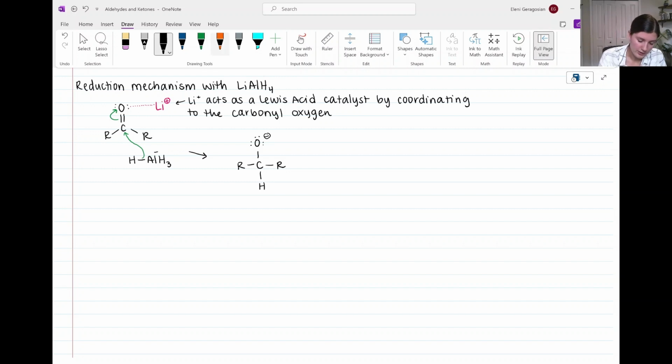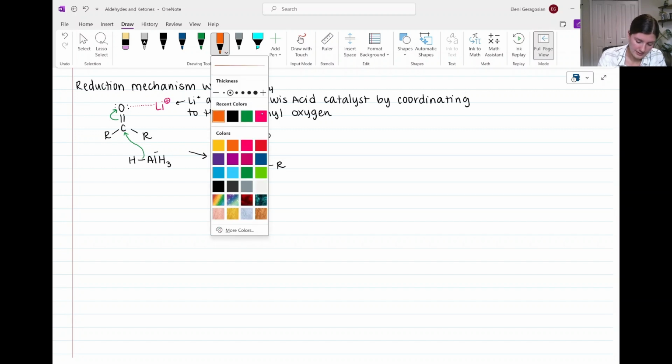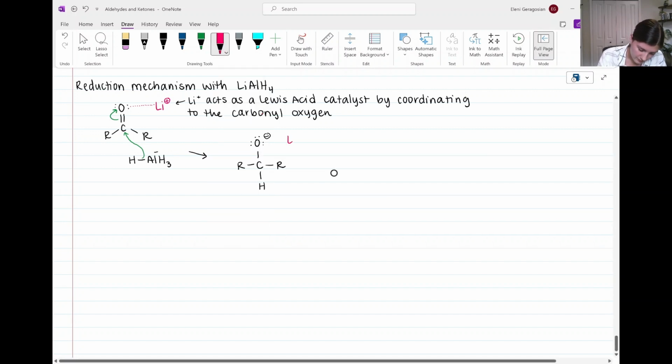Negatively charged oxygen is balanced by that lithium. Charge is balanced by that lithium.